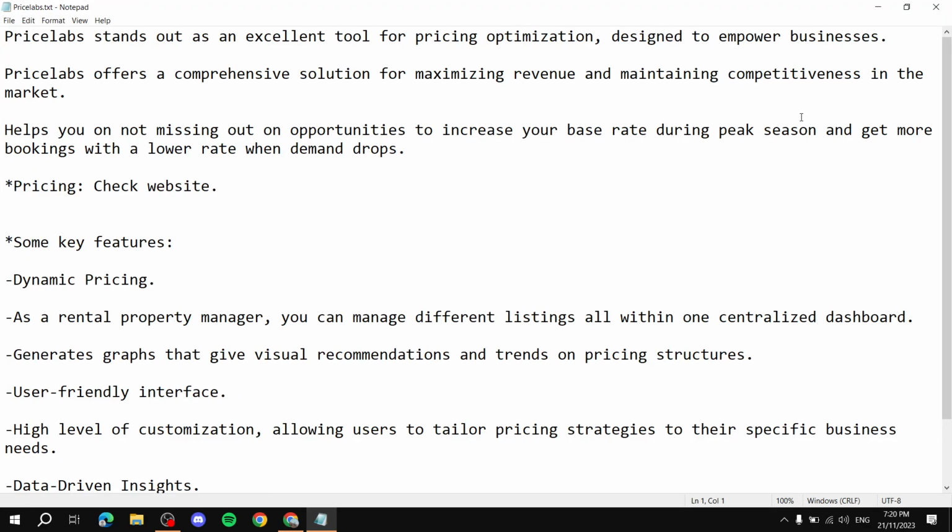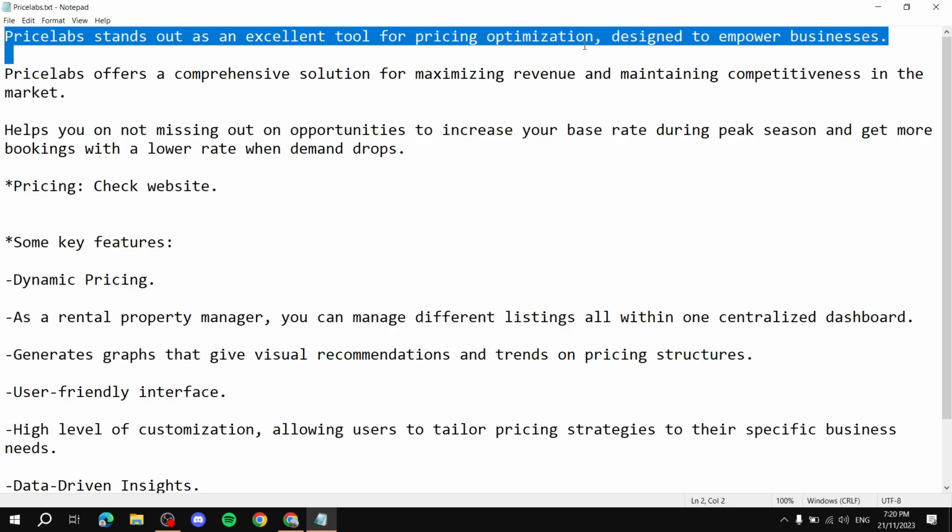I have a notepad over here with the key points to summarize things. It makes things easier because I've gone through a lot. PriceLabs stands out as an excellent tool for pricing optimization designed to empower businesses.